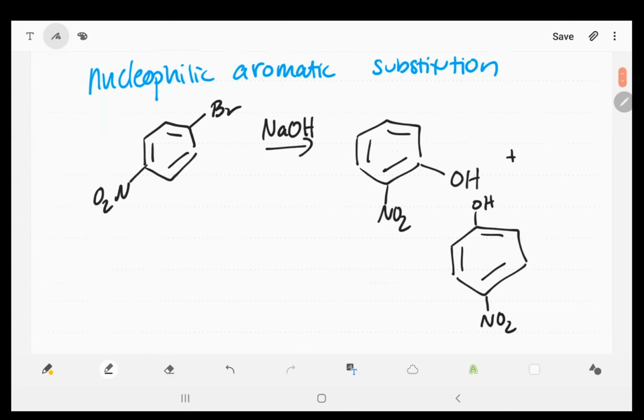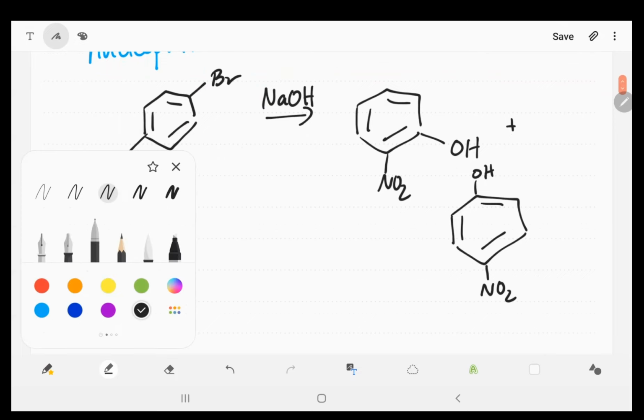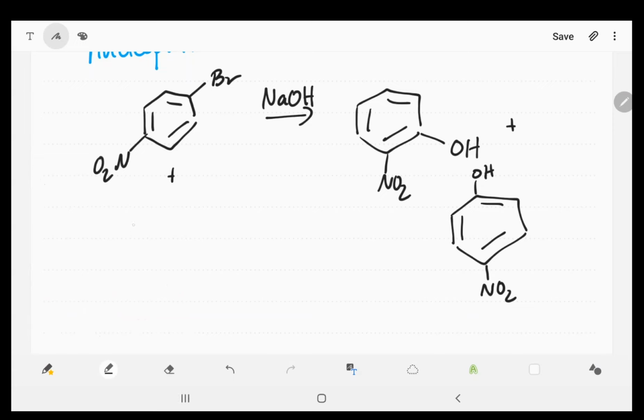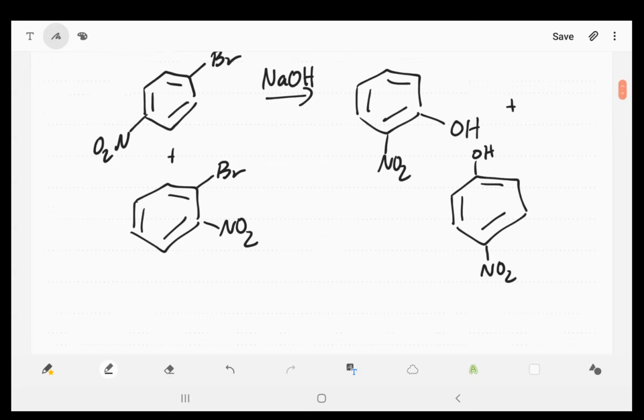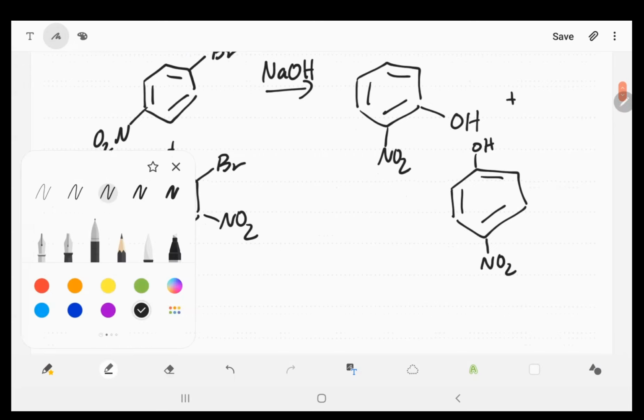Let's look at the mechanism. I didn't draw the other one, but the nucleophile is going to take the place of the bromine. So if we want our OH to be ortho, we need the bromine to be ortho to begin with. Let's take a look at the ortho case.